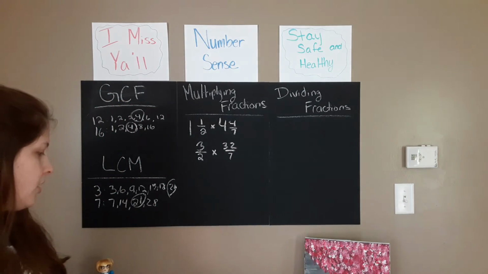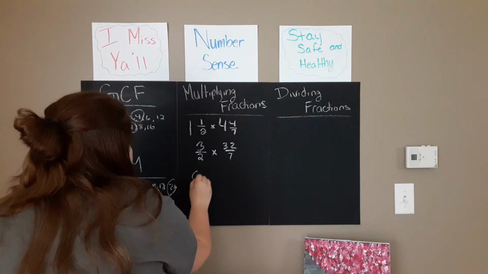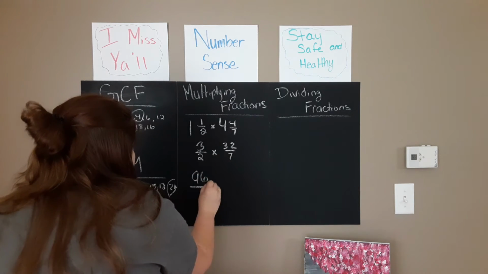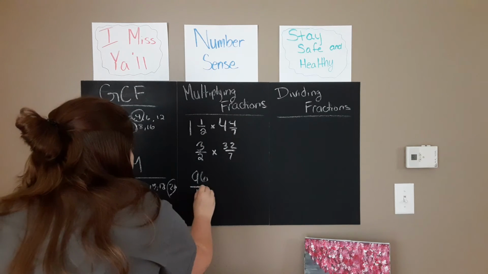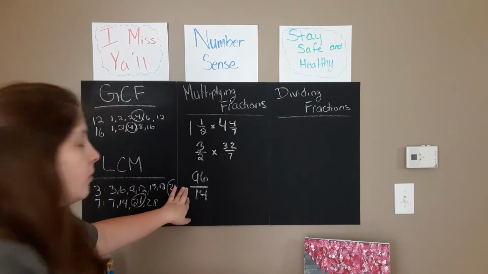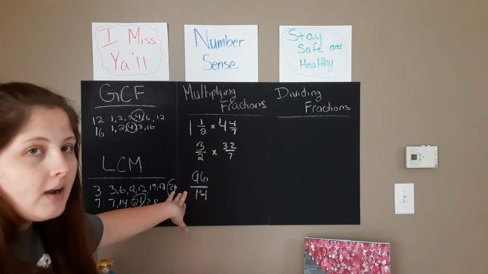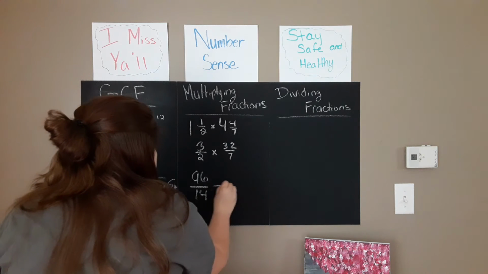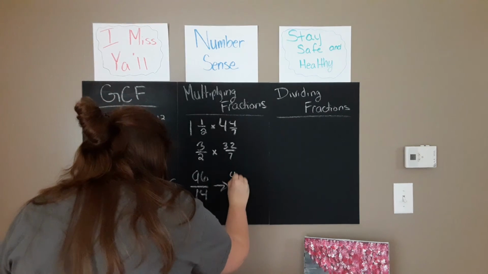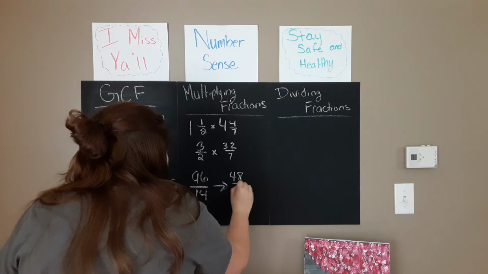So 3 times 32 would turn into 96, which would be your numerator. Then 2 times 7 would become 14. Now, we know that this can be simplified, right? So 96/14 would turn into 48/7.